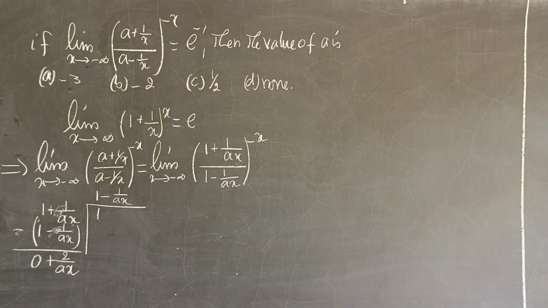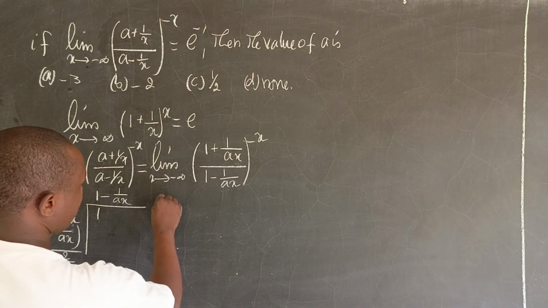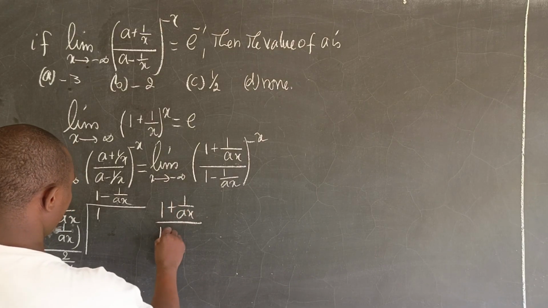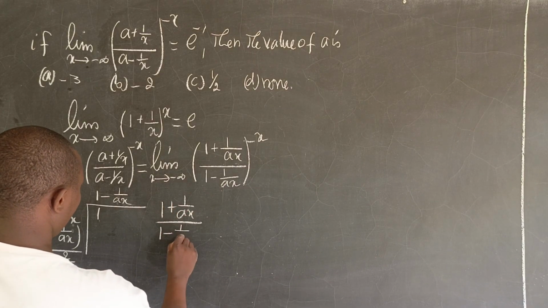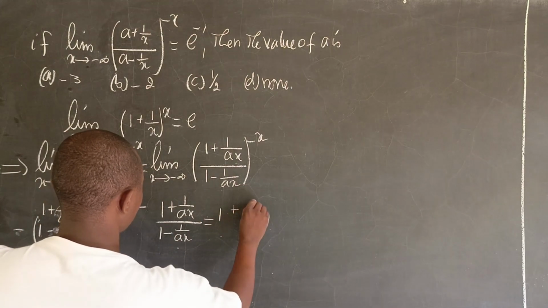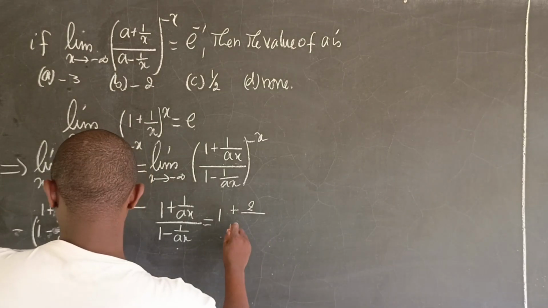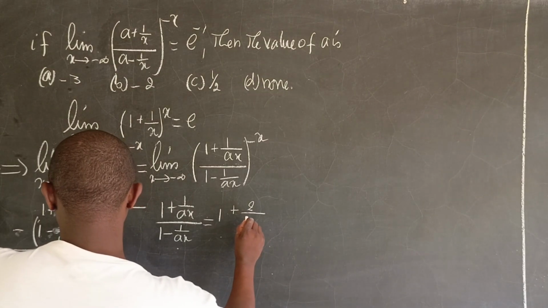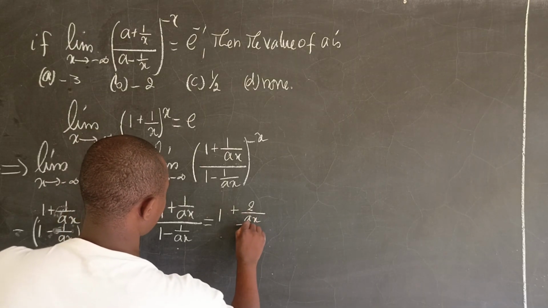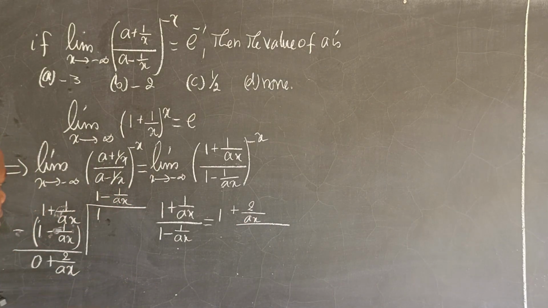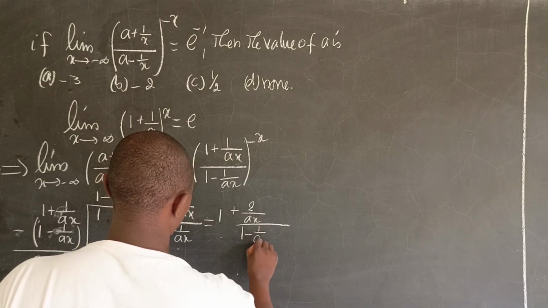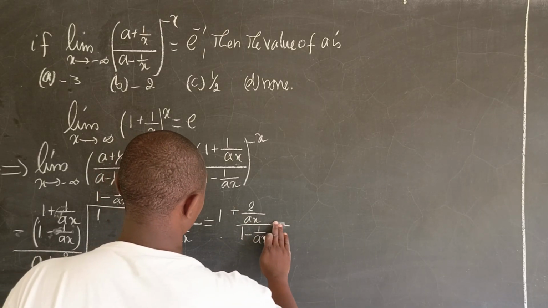Okay, that's why (1 plus 1 over ax) over (1 minus 1 over ax) is equal to 1 plus 2 over ax over this 1 minus 1 over ax.